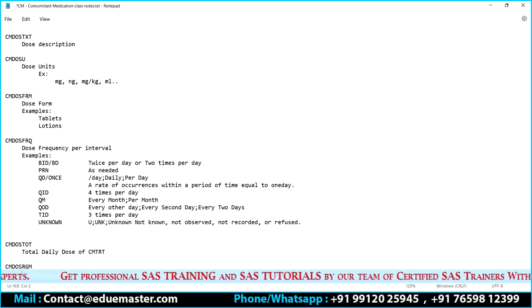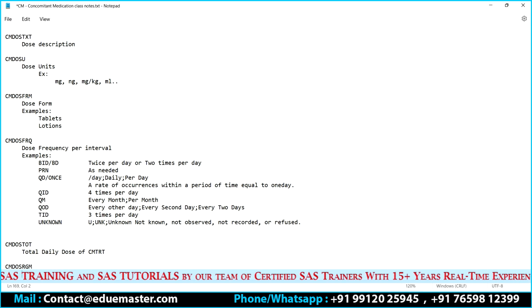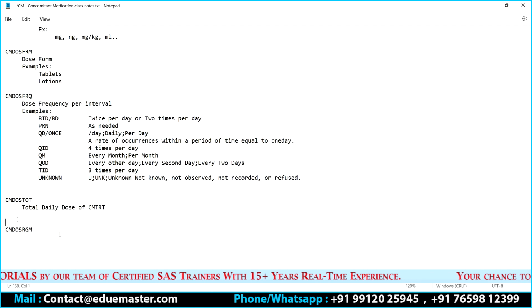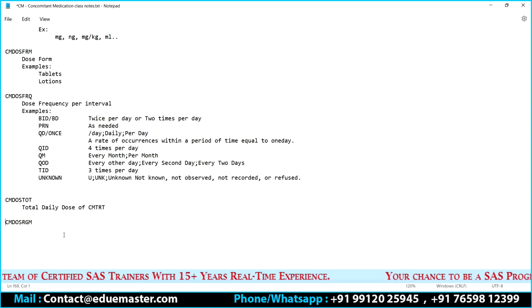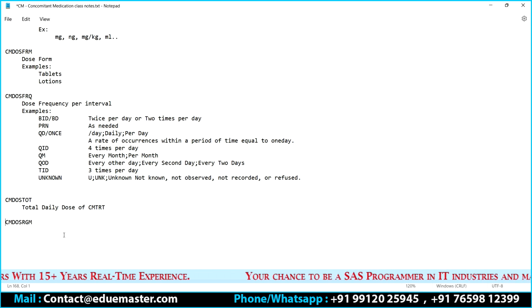That is nothing but what is the schedule, right? Some medicines you need to take for, let's say, 1 week. After 1 week, you need to give a gap for another 1 week. Then you can proceed. Or you take the medicine for 2 weeks, kind of a washout period, you can say, but washout period is not the right word here. But it is going to be like you take the medicine for 2 days.